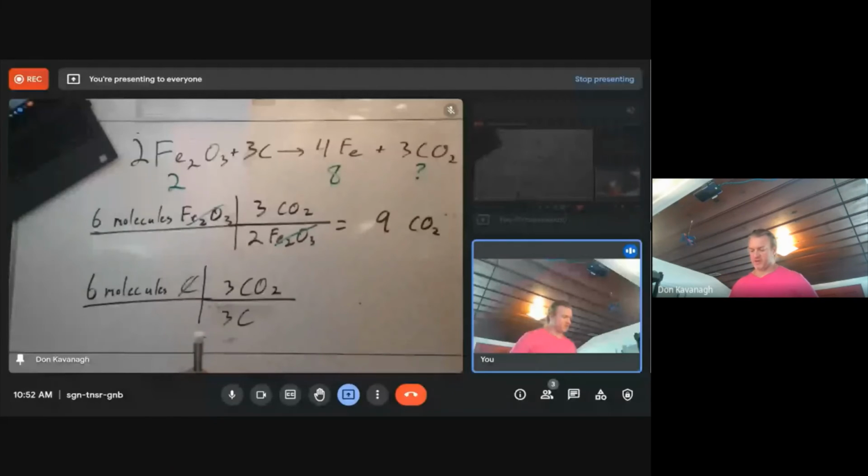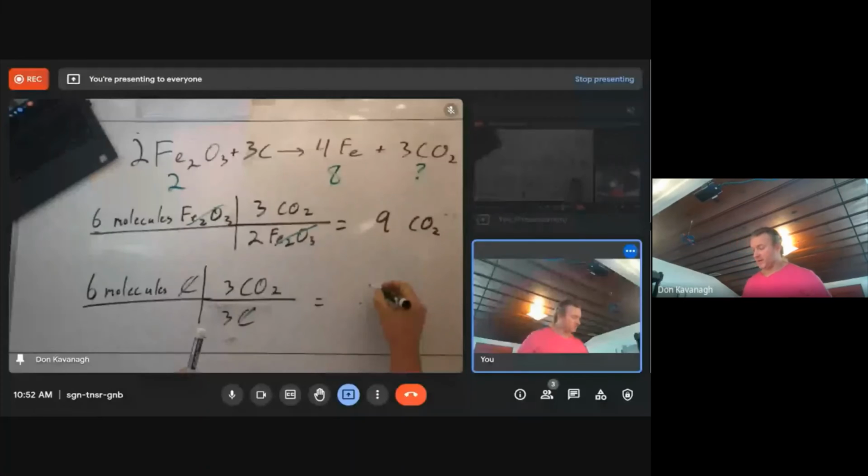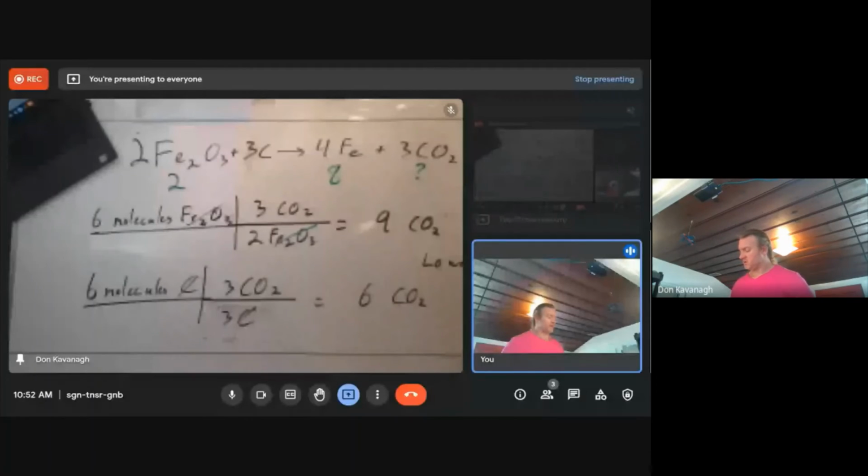This math is easy to do in the head. This is 3 divided by 3. That cancels out nicely right there. Here we have 2 answers, and we always pick the lowest answer. So 6 CO2s could be produced.